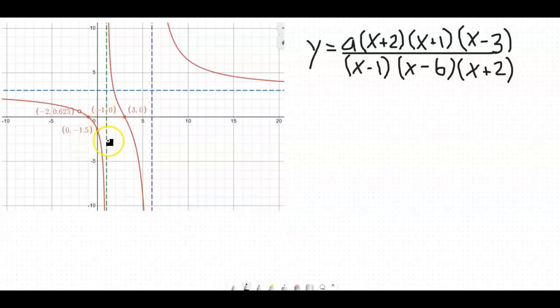So remember, for the vertical asymptotes, if we're approaching positive infinity from one side and negative infinity from the other, doesn't matter which sides, but if they're approaching opposite infinities, that means we have an odd multiplicity. And that means that, for example, right here, where we have a vertical asymptote at x equals -1, from the left side it's approaching negative infinity, and from the right side it's approaching positive infinity.